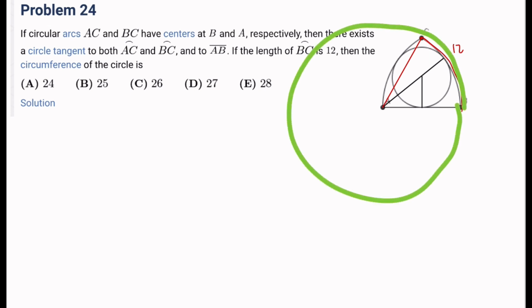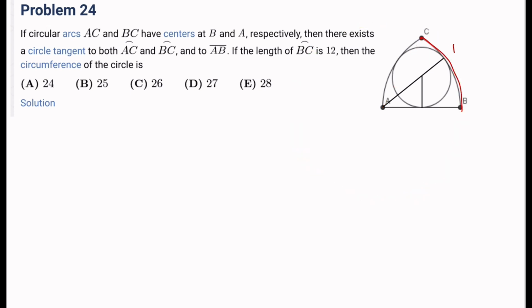So let's say the radius of the big circle is r, right? Then 2 pi r equals 6 times 12, so this is 72.